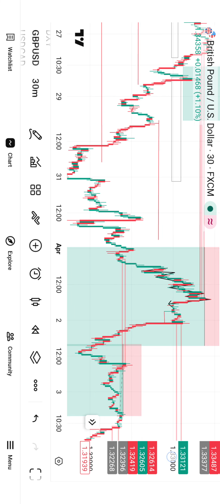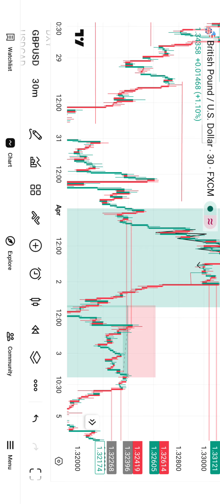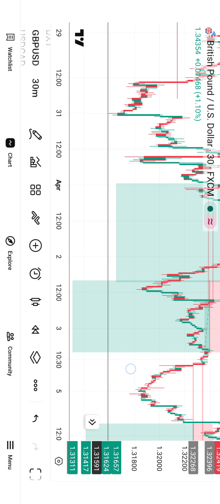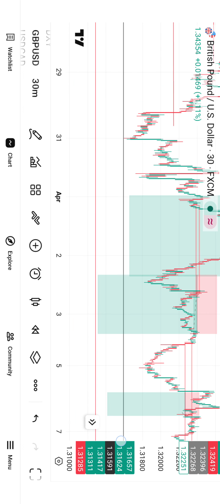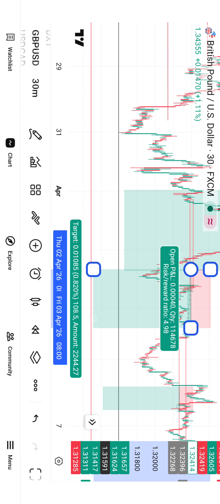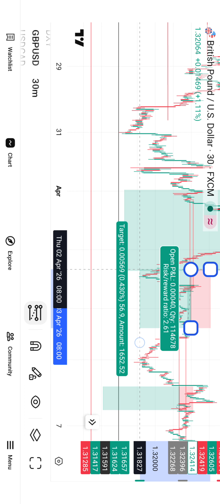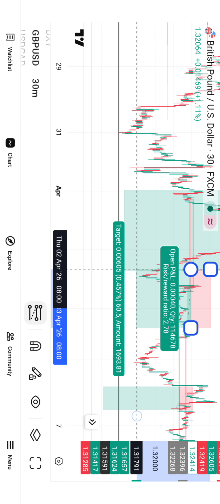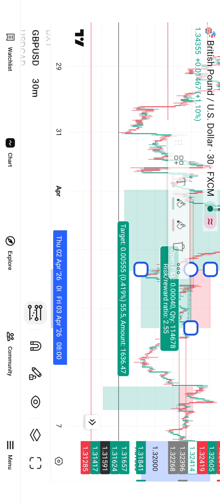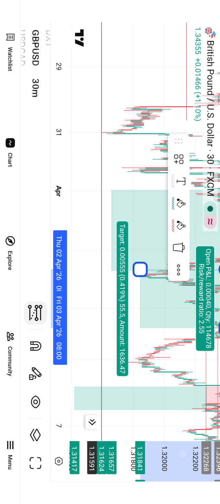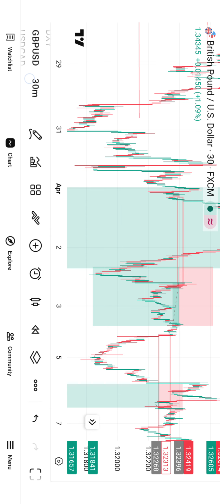Actually, I missed the sell. So how did I get another entry? When it comes to making a re-entry, your TP should be at least below the recent low. Look at it.